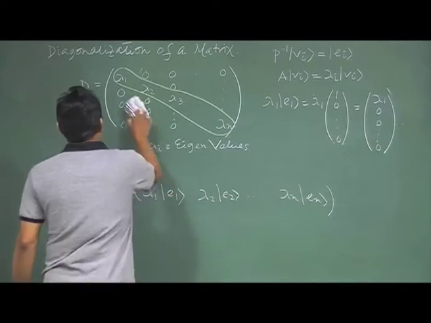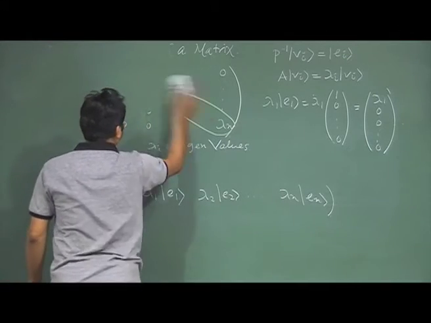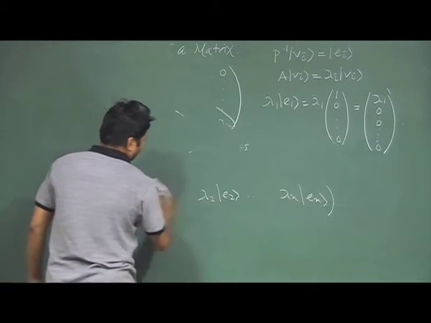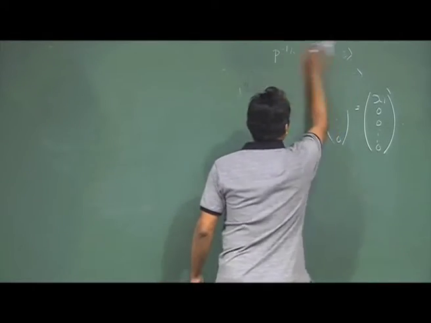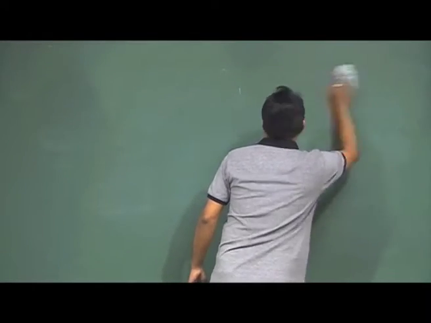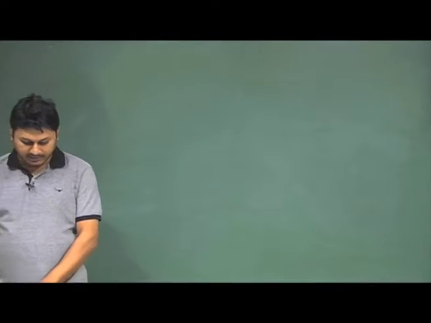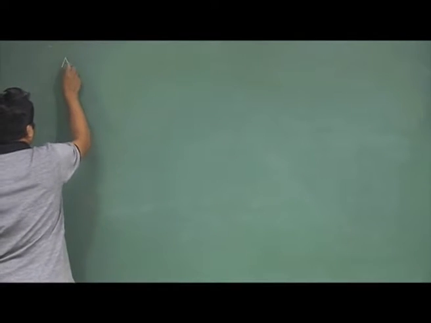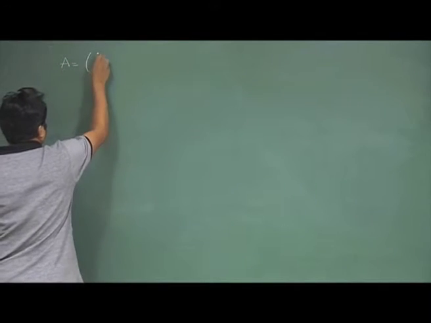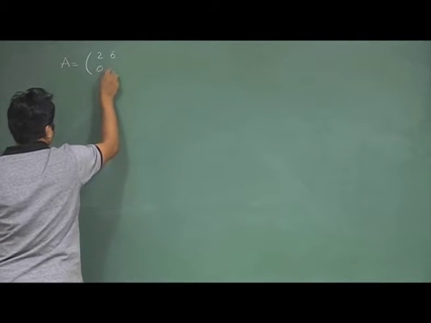Now we are going to use this recipe to try to diagonalize one matrix. So let me try to do that quickly. I need to choose a suitable matrix. Say A is 2 6 0 minus 1.